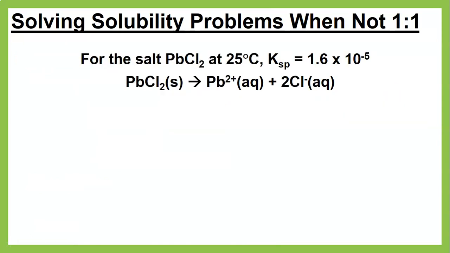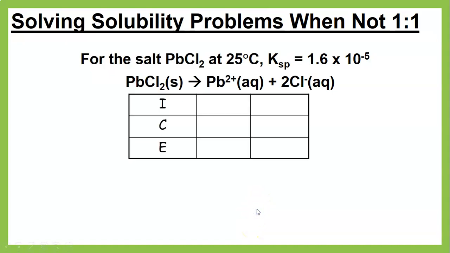All right, there's something a little bit tricky here. Take a look at this equation and try to set up your ice table. Pause the video, give yourself some time to set up that ice table. All right, we start with none, but this time if you look here, look at the coefficients.